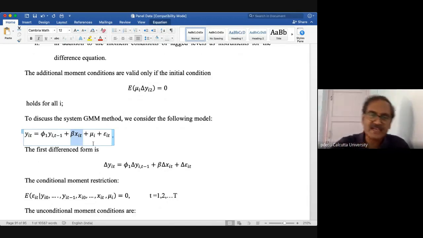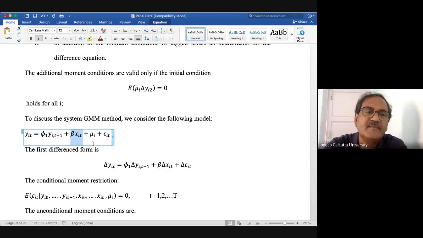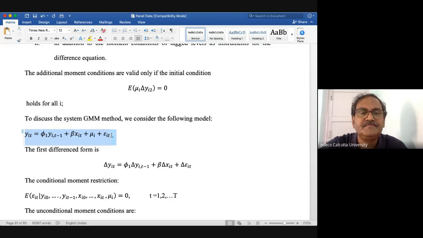We have not used xit as explanatory variables till now. Now introduce xit along with the lagged dependent variable as the explanatory variables here. So this is the basic model in one-way error component form.